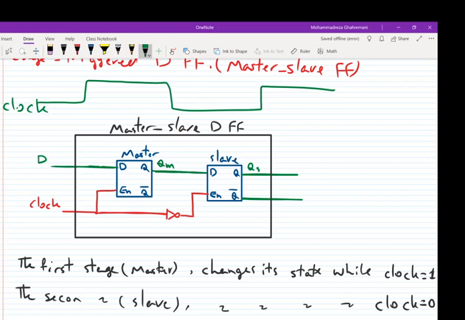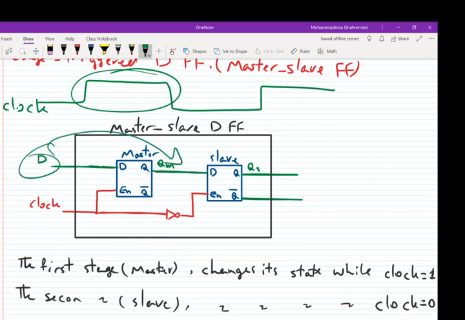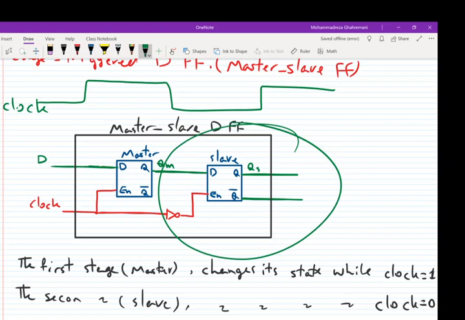While the clock is high, the master tracks the value of the D input signal and the slave does not change. So as long as the clock is high, the master is on and tracks the value of the D input. The D input moves from the input to QM, while the slave does not change because the slave is off.